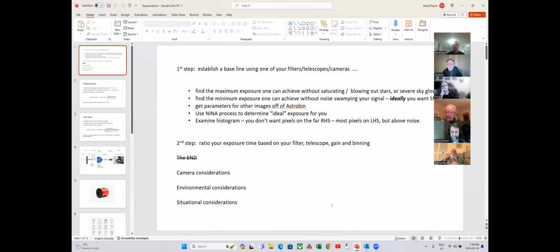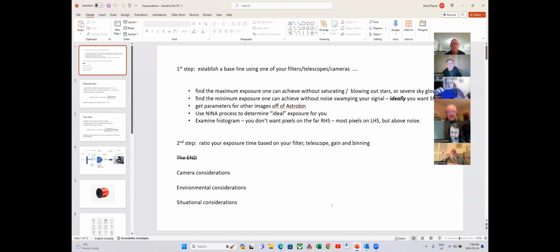You really want to find your benchmark, and then once you achieve that benchmark, you can find what is an appropriate exposure time simply by using the ratios of your equipment.